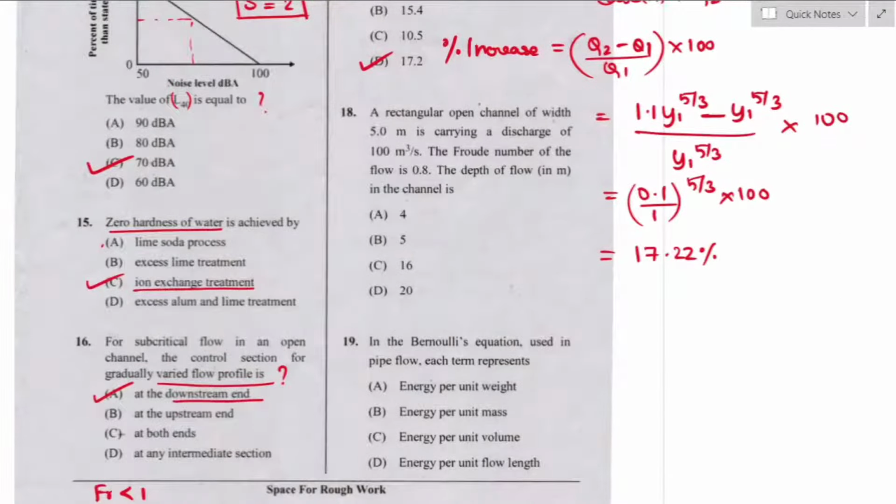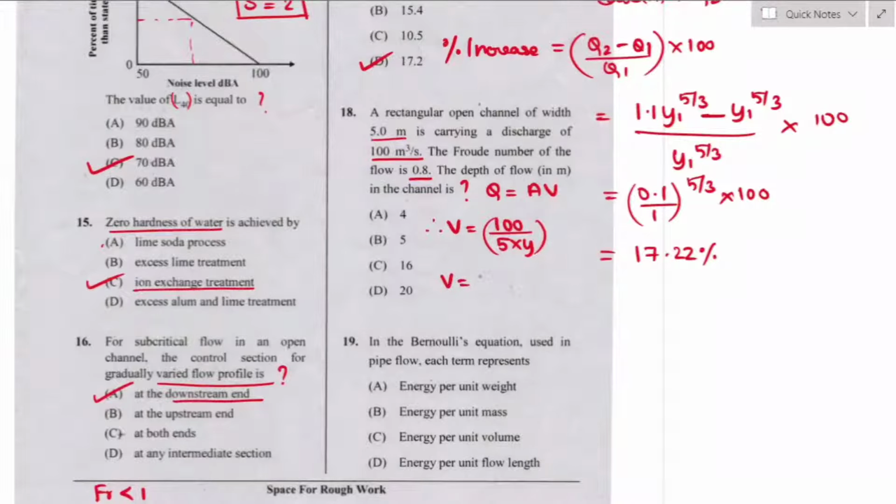Question number 18. A rectangular open channel of a width 5 meter is carrying a discharge of 100 meter cube per second. The Froude number of the flow is 0.8. The depth of the flow in meter in the channel is. We know that discharge is given by area into velocity. So velocity is equal to discharge, 100 meter cube per second, divided by the area of the rectangular channel section, which is breadth into depth, that is 5 meter into depth y.